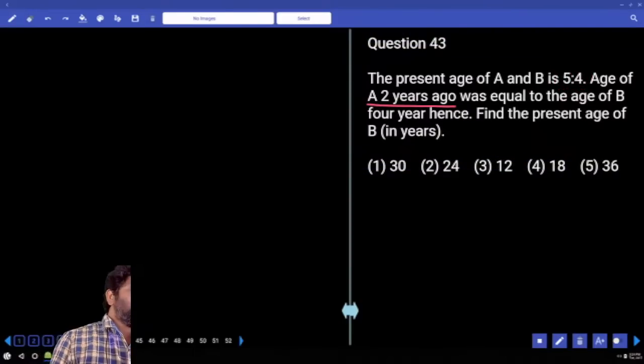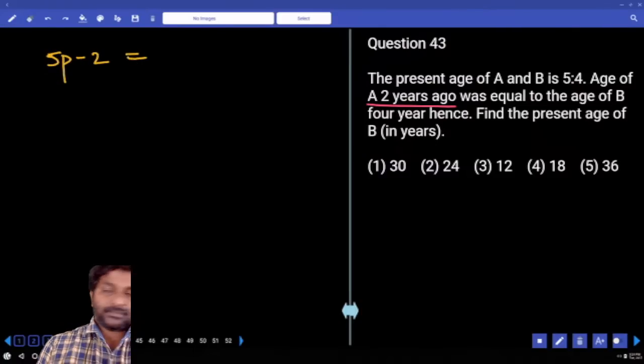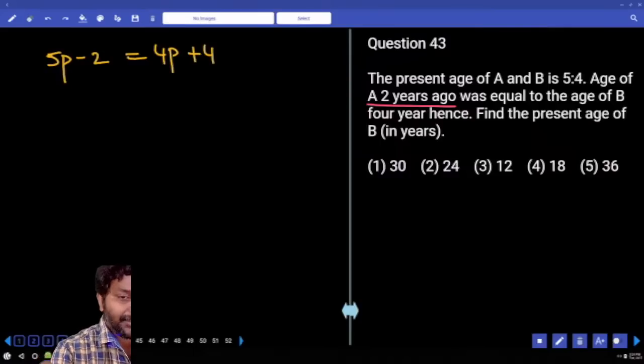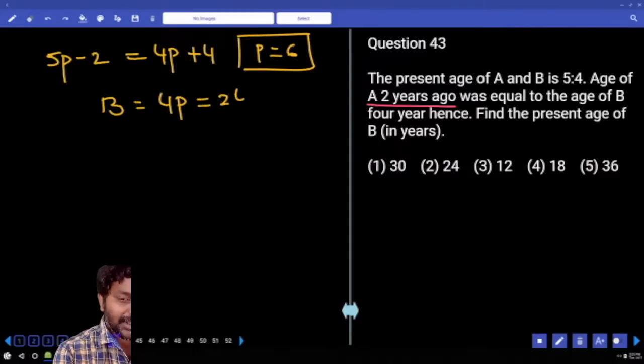A's age 2 years ago was equal to B's age 4 years hence. From this we solve for the value of one part. Now the question is about B's age only, which is 4 parts.